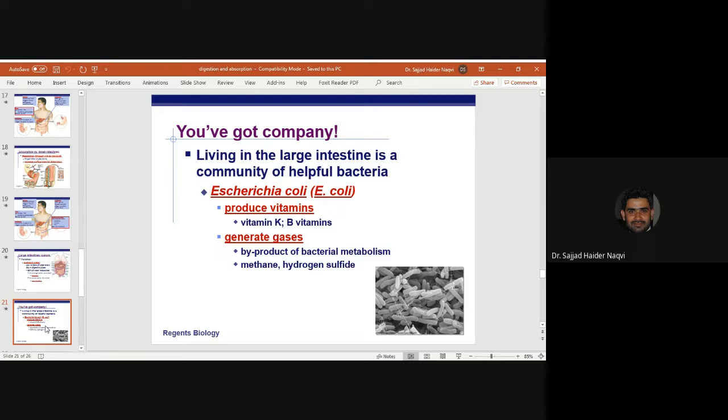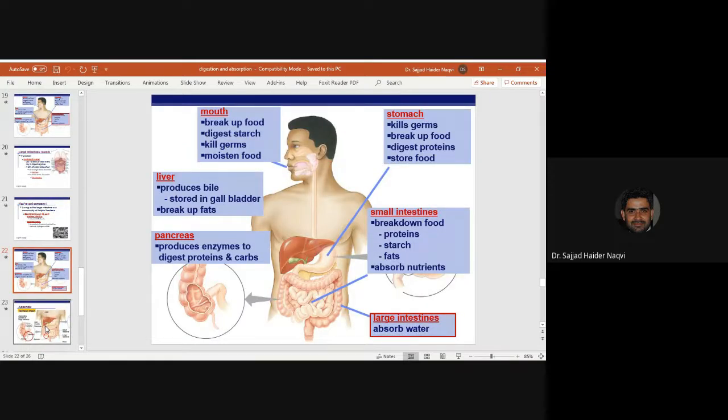The reason for that is that antibiotics not only kill the bacteria that cause the infection, but they also kill the normal flora like E. coli, and thereby disturb the metabolic machinery. So in order to compensate for that, multivitamins are given to avoid this condition. So finally, in the large intestine, what is primarily going on is absorption of water.